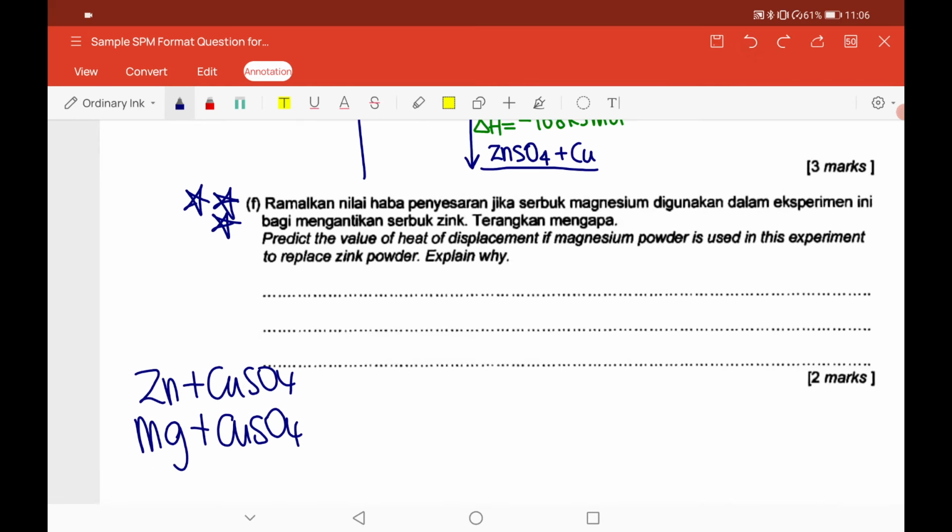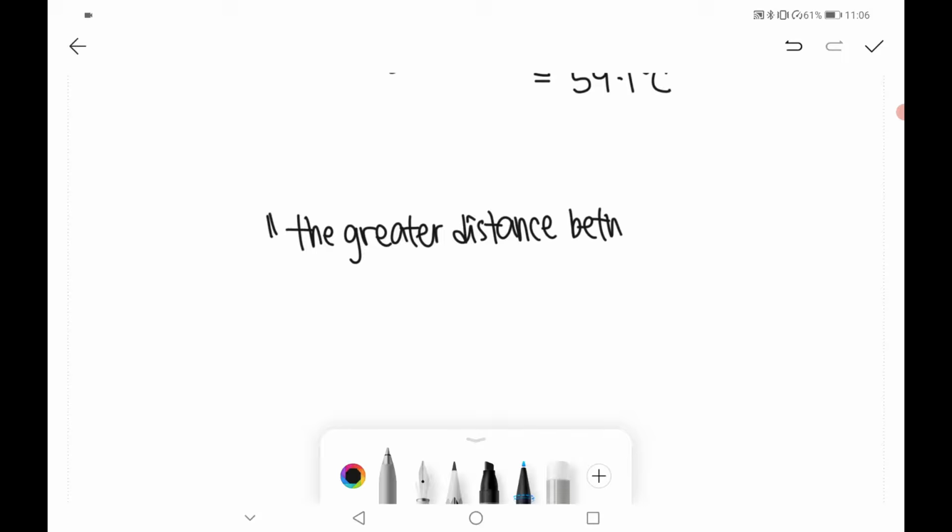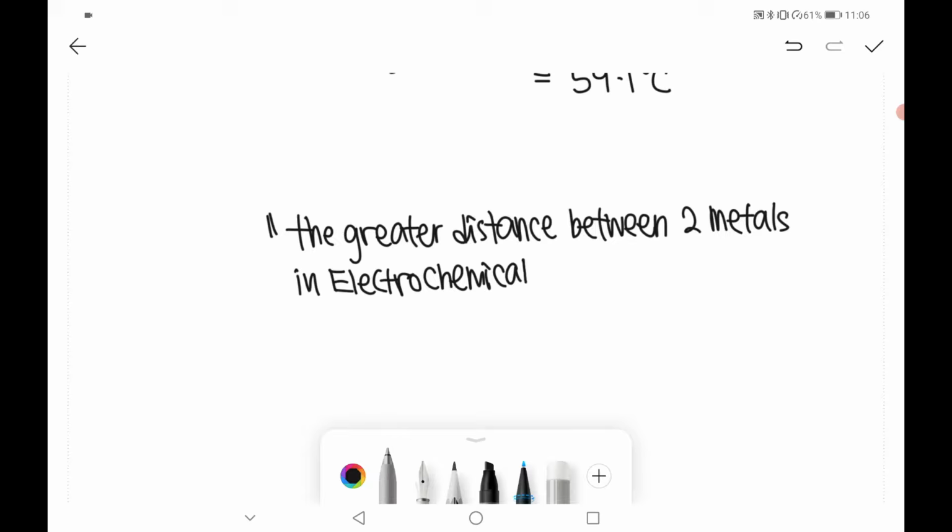Here I want to teach you a very important concept. You need to understand that the greater the distance between two metals in the electrochemical series, the greater the heat of displacement.